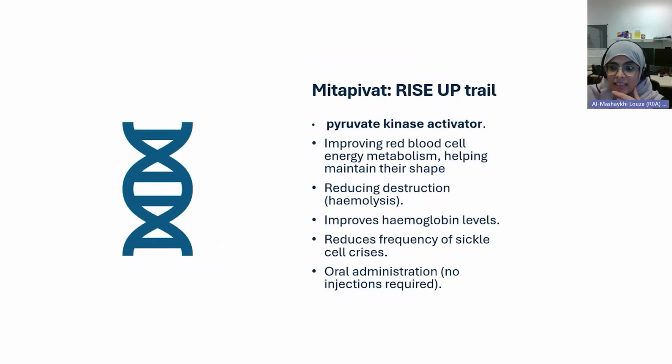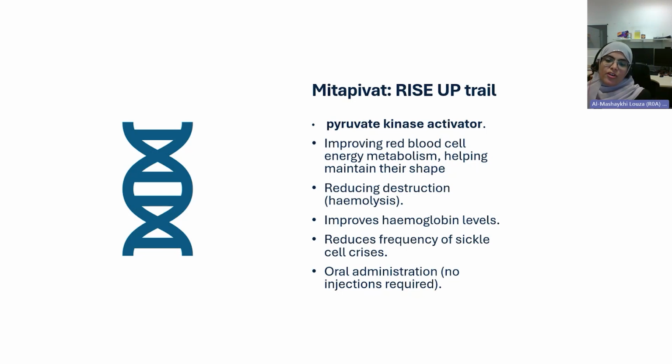A third medication, mitapivat, is also under investigation. We have the RISE UP trial for mitapivat. And the early results are promising, and hopefully it can be available in the next few years. So mitapivat is a pyruvate kinase activator.